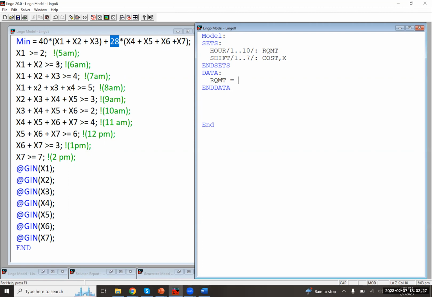Those are 2, 3, 4, 5, 3, 2, 3, 2, 4, 6, 3, 7 in order.